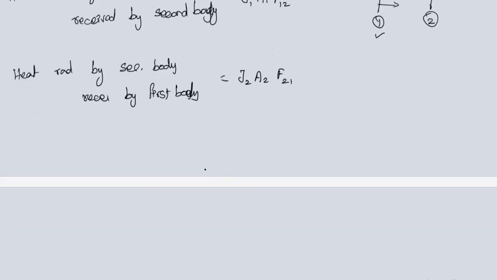So now the total amount of heat exchange Q12 is equal to J1 A1 F12 minus J2 A2 F21. Later we will discuss some of the rules. Now I am going to use one of those rules, which is the reciprocity relation.